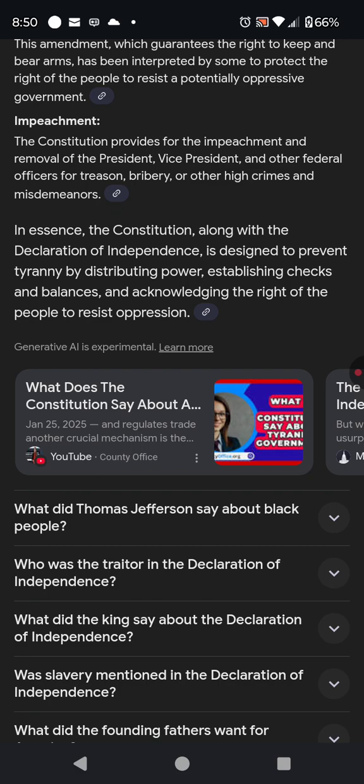In essence, the Constitution, along with the Declaration of Independence, is designed to prevent tyranny by distributing power, establishing checks and balances, and acknowledging the rights of the people to resist oppression.